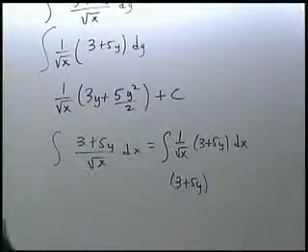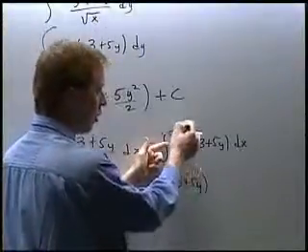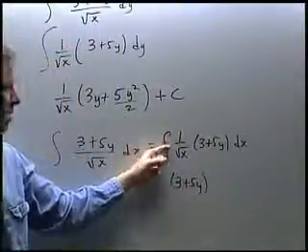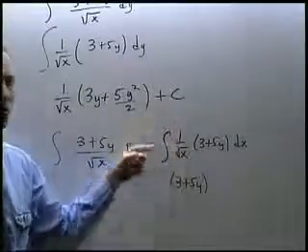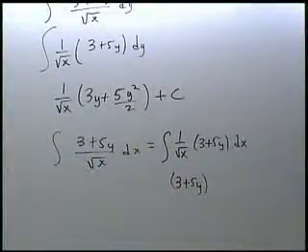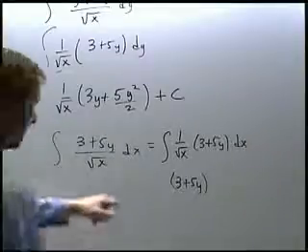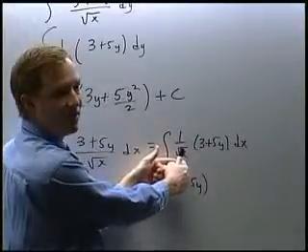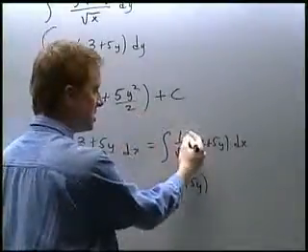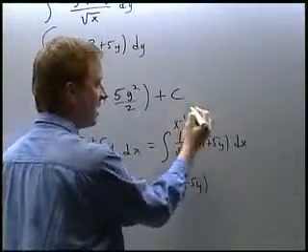Now I need to take the antiderivative of 1 over square root of x. How do I want to think about this before I take its antiderivative? x to which power? To the negative 1/2, because I've got x to the 1/2 in the denominator. If I move it up to the top, it's x to the negative 1/2.